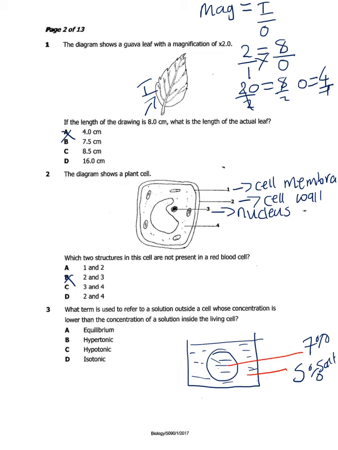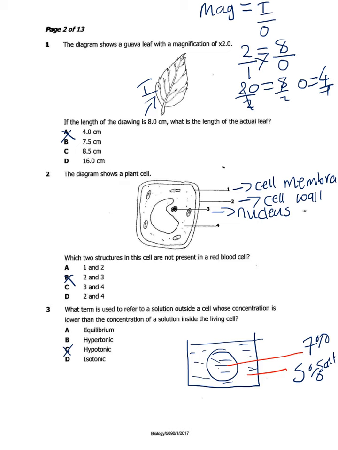So what name is given to this solution whose concentration is lower than that of the cell? This is what we call hypo. In science, whenever we have this prefix of hypo, hypo means below. Hyper means above. So hyper is a situation where the concentration is greater than that of the cell. Hypo is below that of the cell.